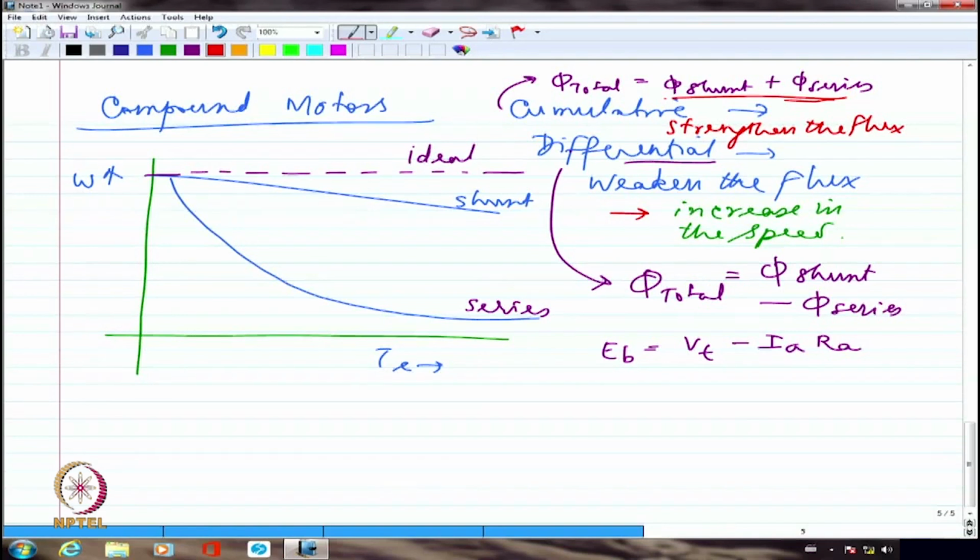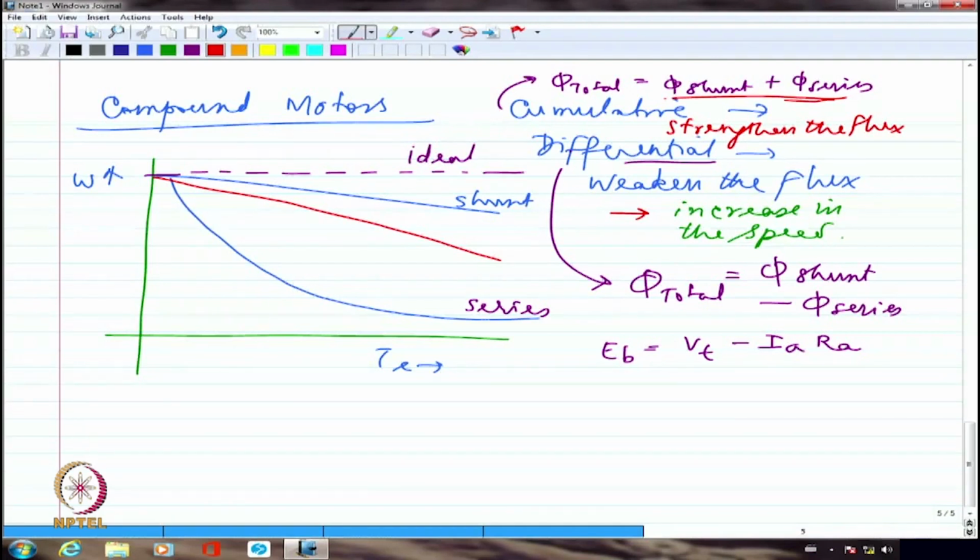Phi total has increased, so I definitely have a reduction in the speed. So cumulative will actually fall even below the shunt motor characteristic in the case of motoring operation when I look at speed versus torque.